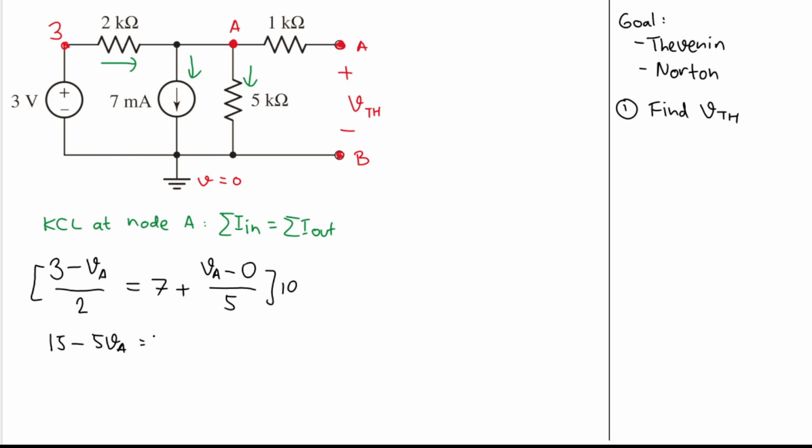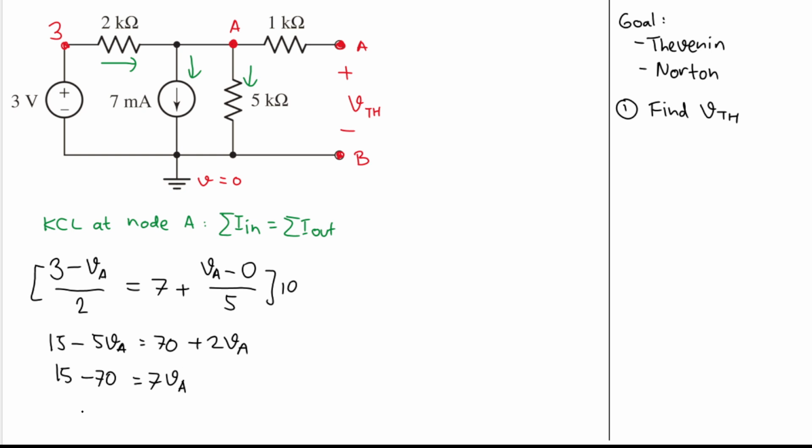And that will equal 70 plus, 5 and 10 will cancel into 2, so I will have 2 multiplied by VA, right? So I will have 2 VA. Good. Now I will have 15 minus 70, and that will equal 7 VA.